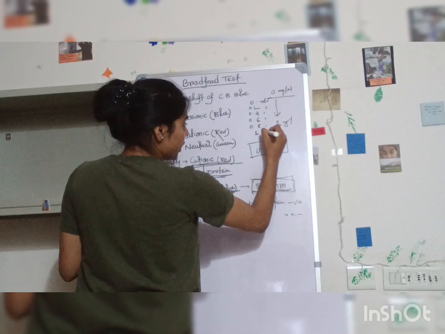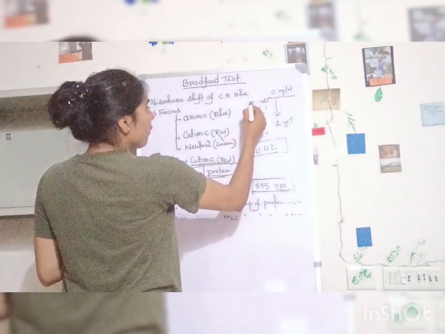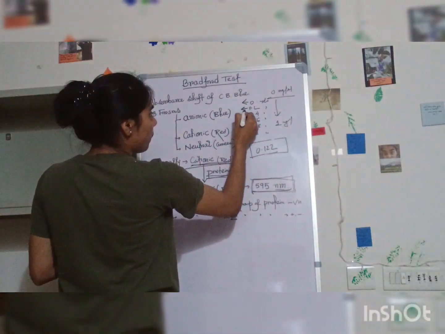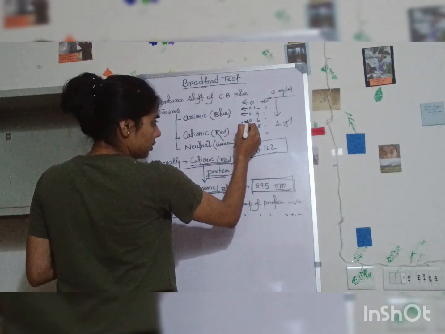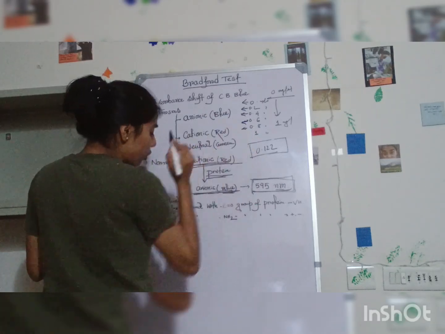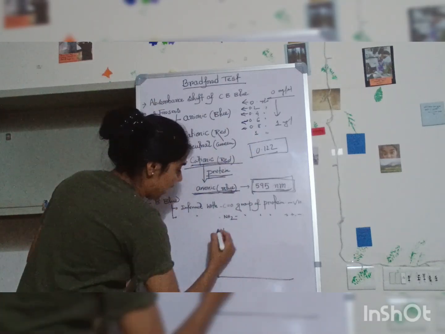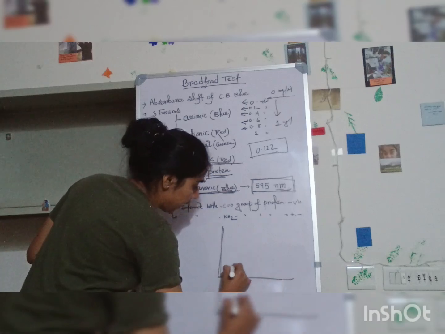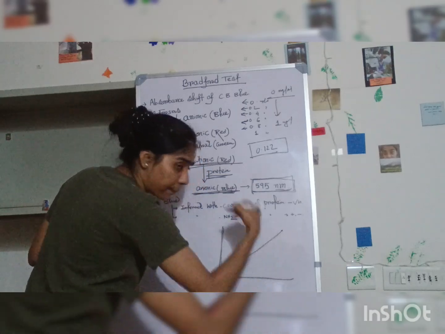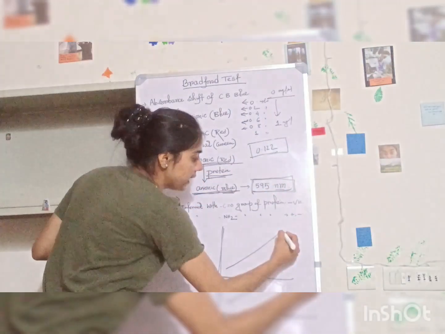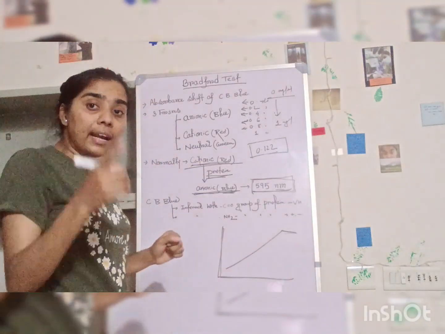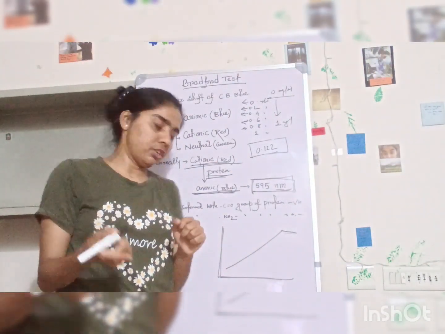So these are known concentrations. We will check the absorbance value of each of these concentrations of the protein and plot it, like X and Y. After 1 mg per ml it will be saturated, because we can detect up to 1 mg per ml concentration of the protein.